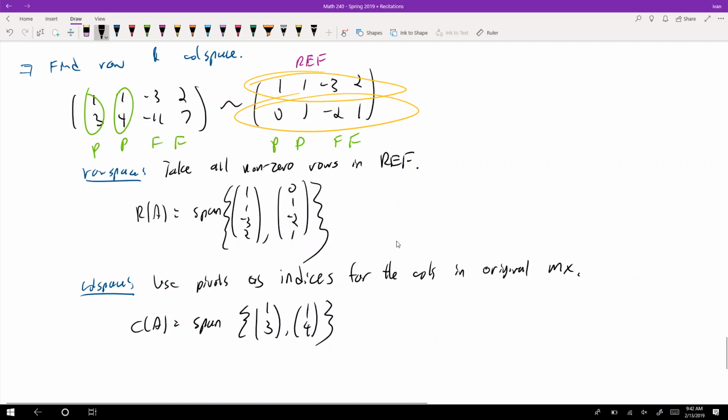All right. Let's see. What is the rank of this matrix? 2? All right. What's the dimension of the row space? 2. What's the dimension of the column space? 2. Right? They're all equal to each other. And that's always going to be the case.